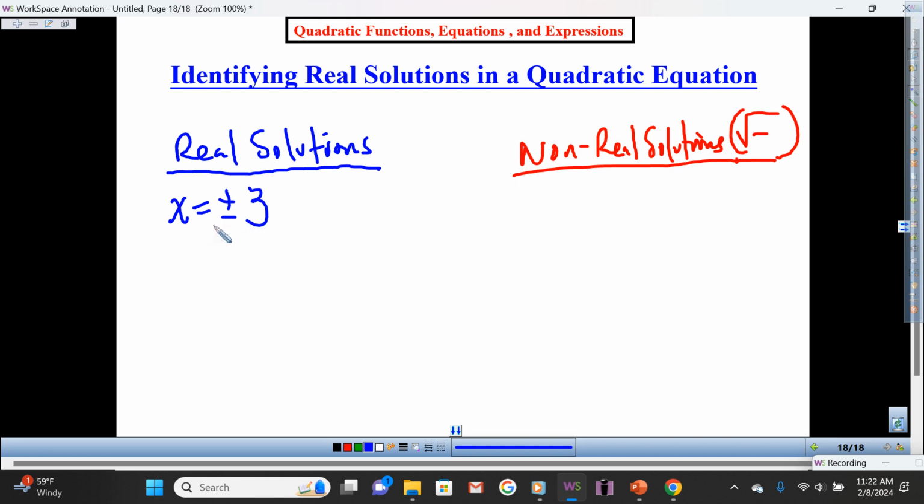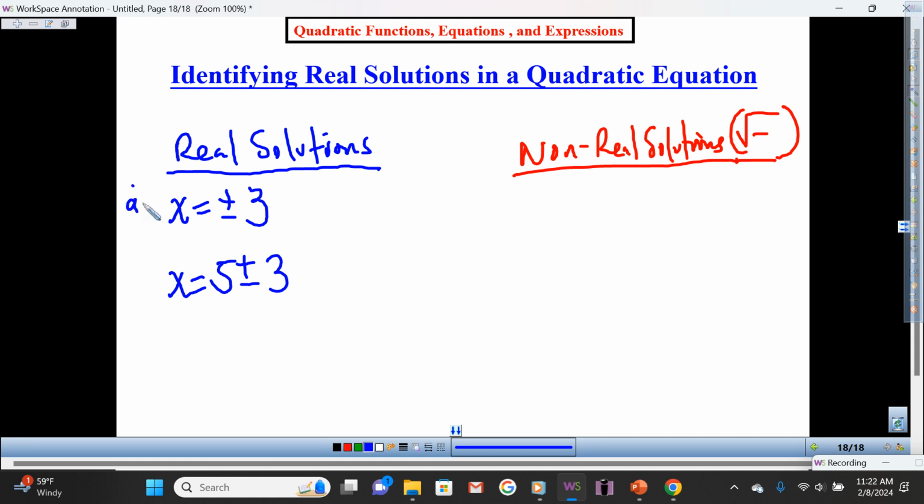It's real. Here's another one: x equals 5 plus minus 3. Are these solutions real? Yes. 5 plus 3 is one, and 5 minus 3 is another.